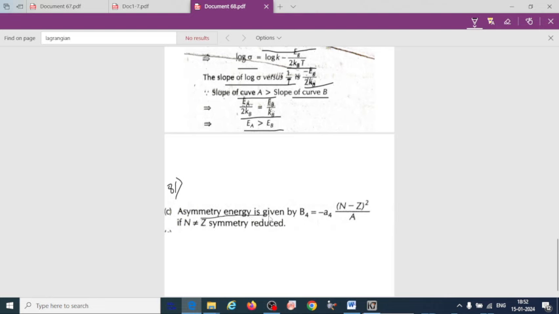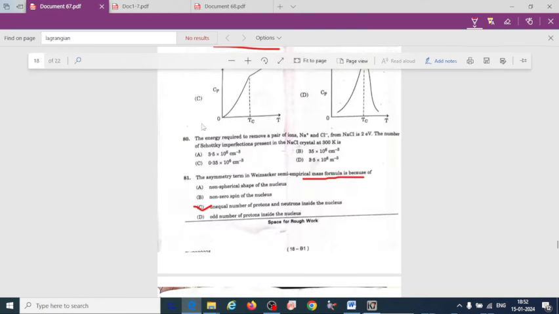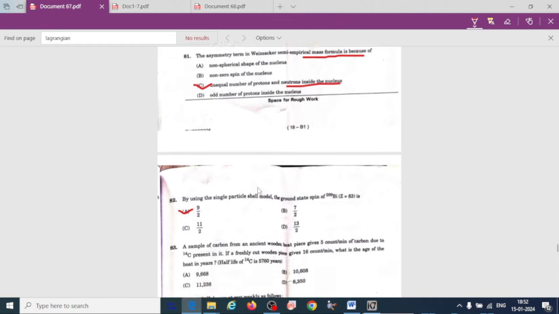So the asymmetric energy is given by this term, this equation: N minus Z whole square divided by mass number. So N is not equal to Z. That's why option C, unequal number of protons and neutrons inside the nucleus.